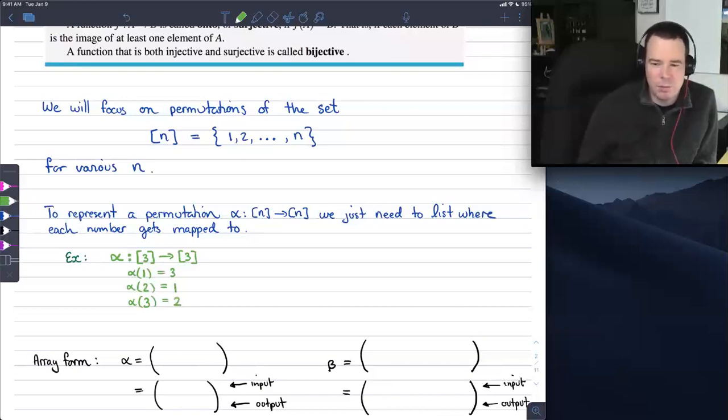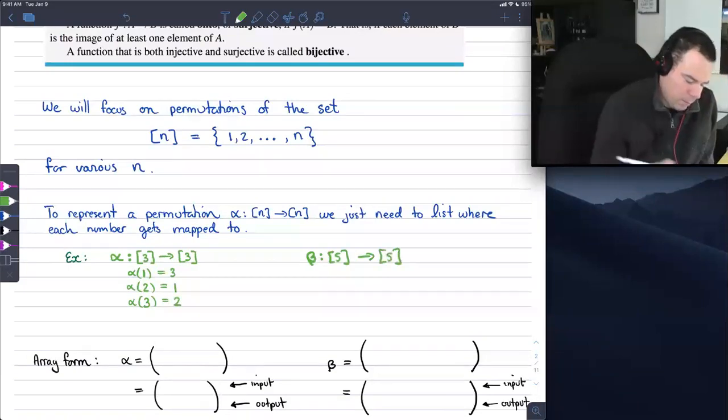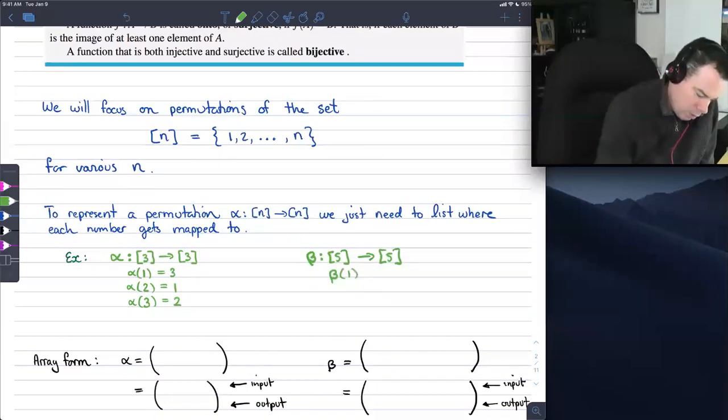But here, our sets are finite, so we'll just list them. So I can consider another one, b. Let's say b is a function that takes the set 1 through 5 and maps it to itself. And so then what I need to do is say where each of the inputs goes.